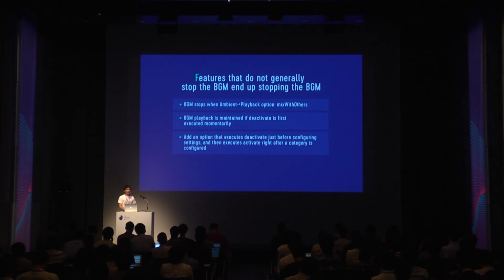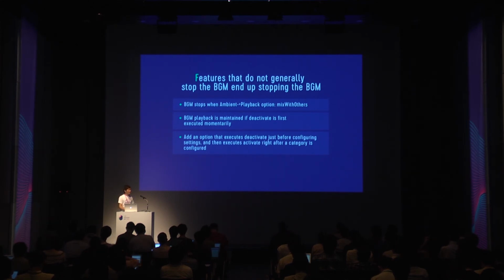Another issue was features stopping the BGM when they're not supposed to. The cause was that ambient would move from the playback mix-with-others option, and at that time it would stop the background music. So this would occur even though it is allowed to play the background music.